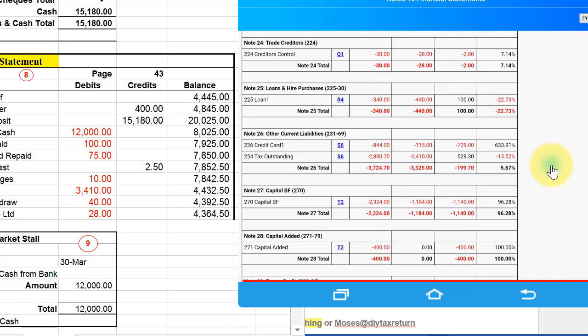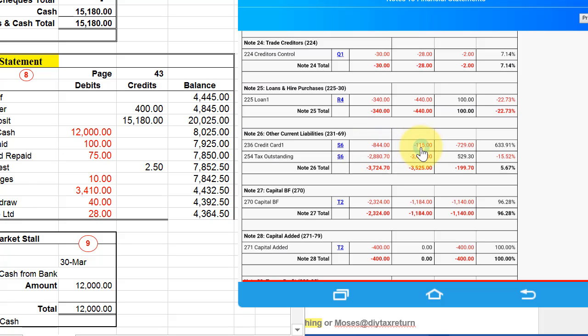That was the creditors. This is the loan account. Do we need to look at that? This was the opening balance. What is this? 440. 440 was the previous year closing balance. And there's a difference of 100, which effectively was paid. And then this is the credit card. We have a closing balance of 844.